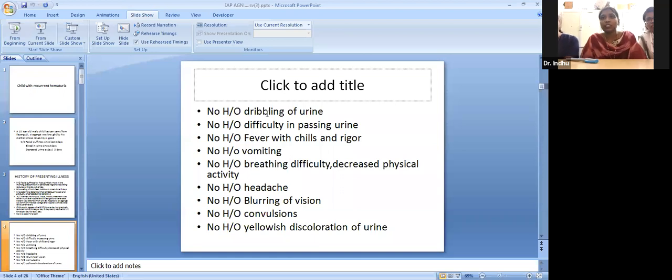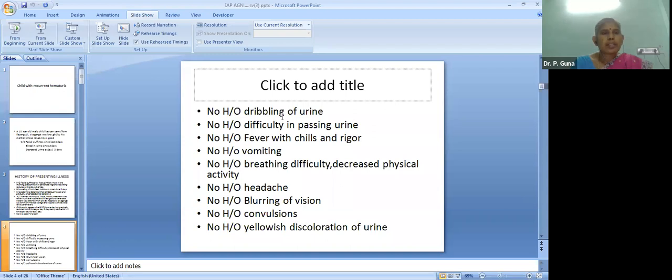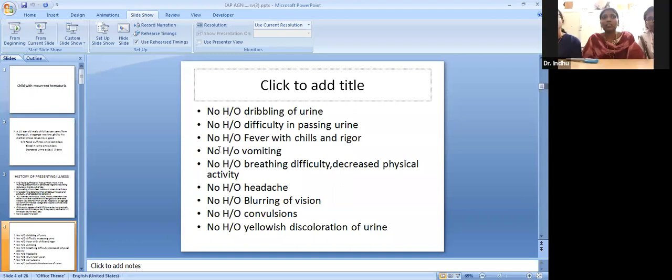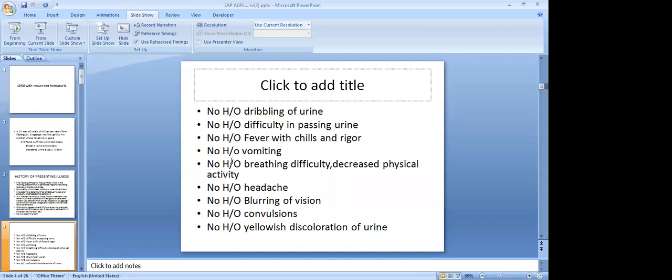Abnormal anatomical insertion of the ureter. Okay. Next. No history of difficulty in passing urine. No history of fever, chills and rigor. You explain why you are asking also, as you tell.